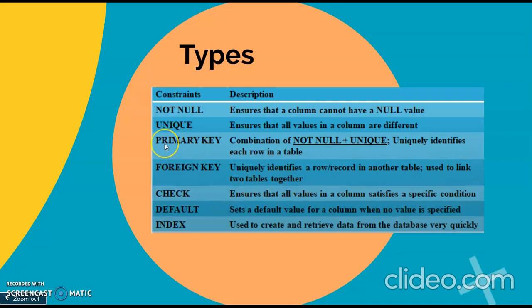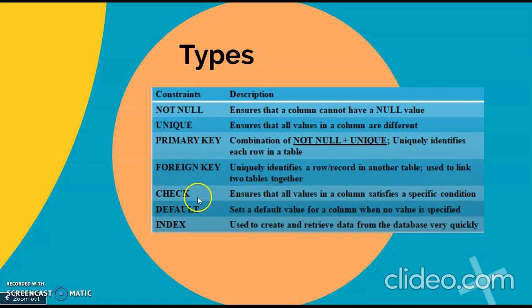When I have applied primary key to the roll number of a student, that primary key can be used in another table, where that particular column will be referred to as a foreign key. It will be helpful for linking or joining two tables together.